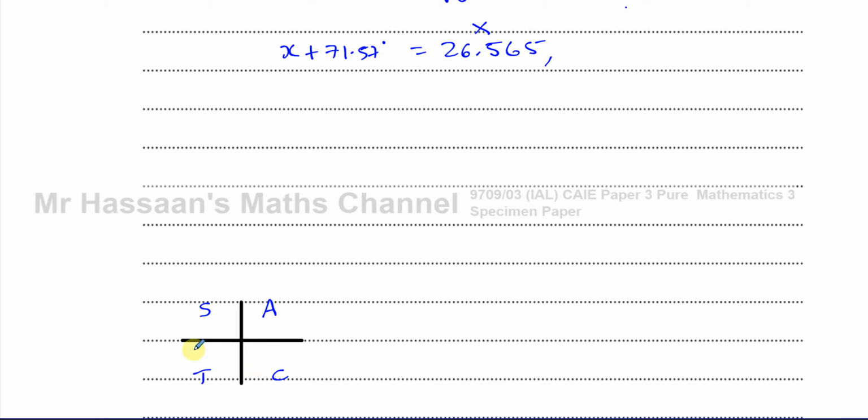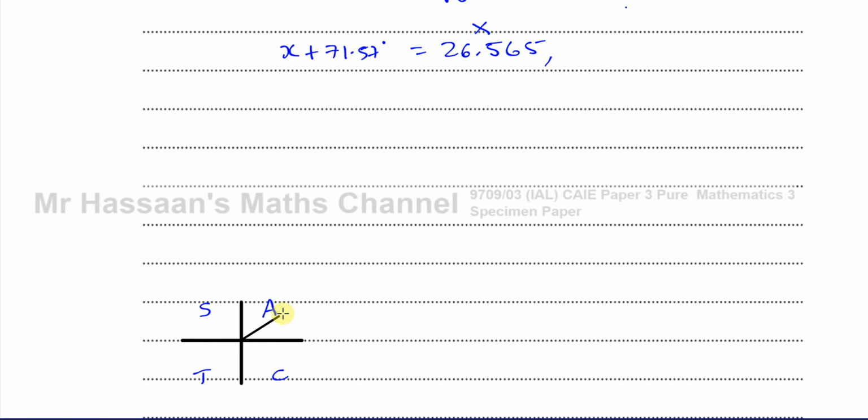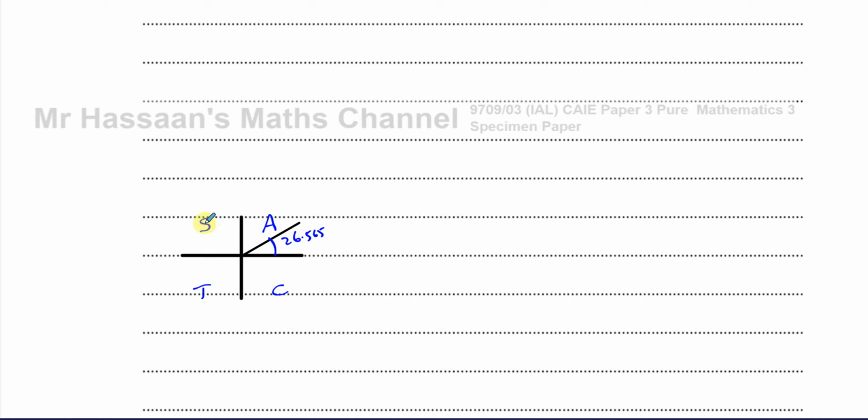All right, so the angle that we got was 26.565, which is, of course, in the first quadrant. Now we know that the cosine ratio was positive, and these letters tell us that the cosine is positive in this and this quadrant.